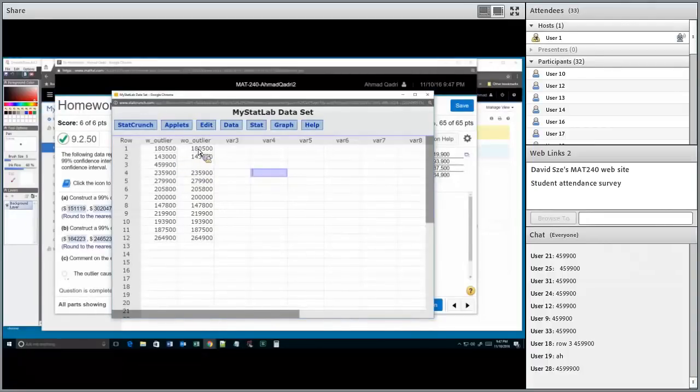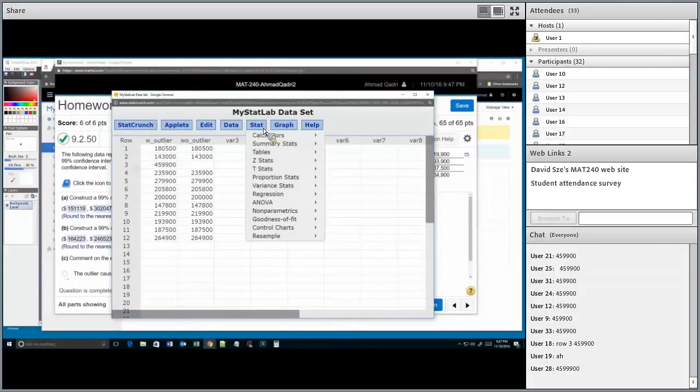Okay, so now here's the same data set without the outlier included, and here's the data set with the outlier included. And all we have to do is calculate the confidence interval with the outlier included and without the outlier.